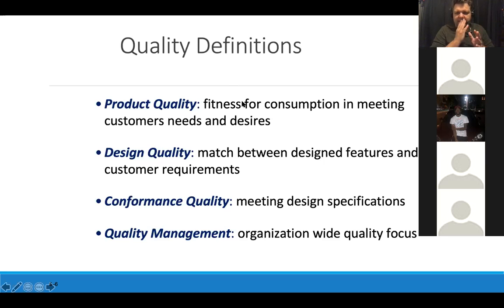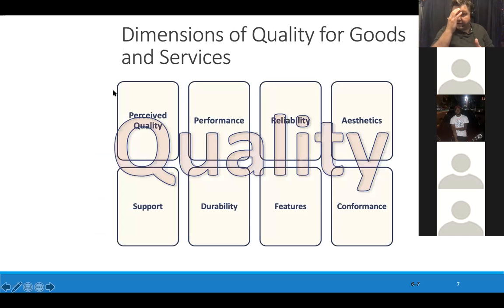The very beginning, we talked about quality definitions and different types of quality. So, different dimensions for the quality of goods and services. There's perceived quality, performance. Perceived quality is how the customer sees the quality. And we said that when it comes to service quality, it's really hard to identify because there were 4 I's: intangibility, inseparability, inconsistency, and then inventory.